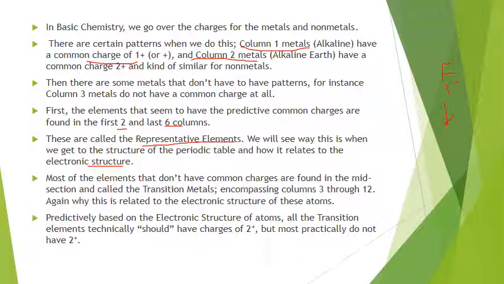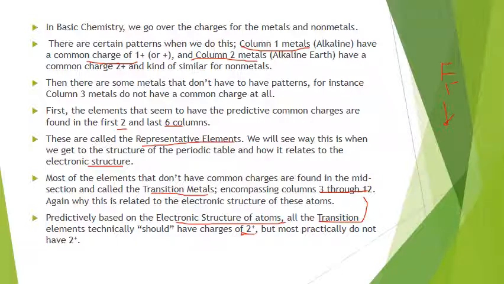Most of the elements that don't have common charges per column are found in the midsection and are called the transition metals, columns 3 to 12, and also the inner transition metals found at the bottom of the periodic table. When we look at the electronic structure of atoms, these elements predictably look like they should have charges of 2 plus, just like column 2.